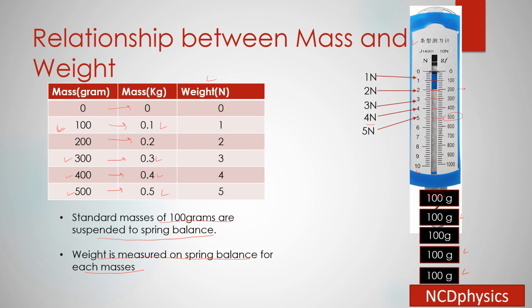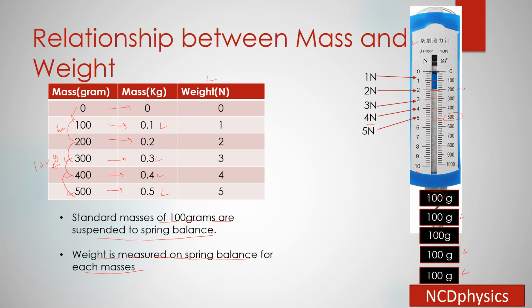Here you see I increase the mass of the object from 0 to 100, 100 to 200, 200 to 300, 300 to 400, 400 to 500. So the change in each step is 100 gram.